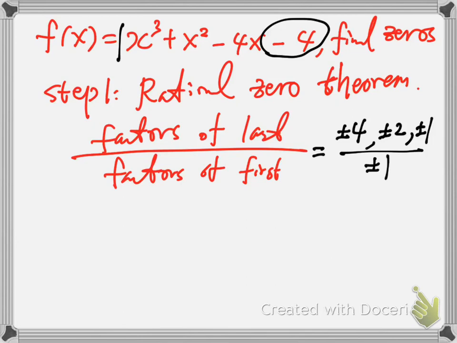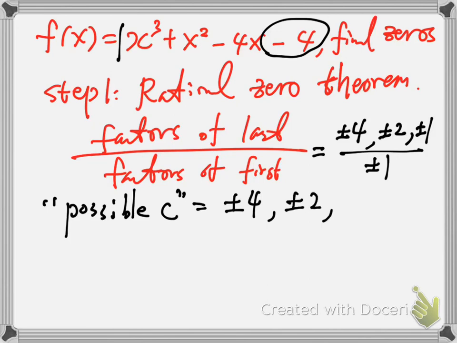Now all the possible c's: 4 divided by 1 gives plus or minus 4, 2 divided by 1 gives plus or minus 2, 1 divided by 1 gives plus or minus 1. So we have 6 possible zeros from the theorem in step 1.